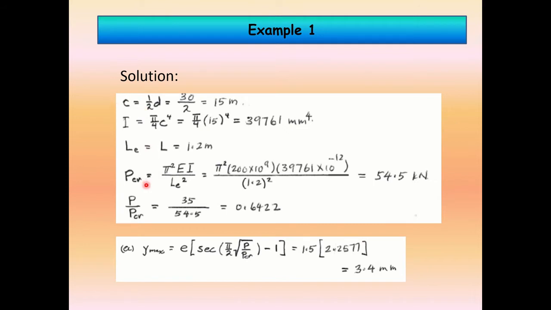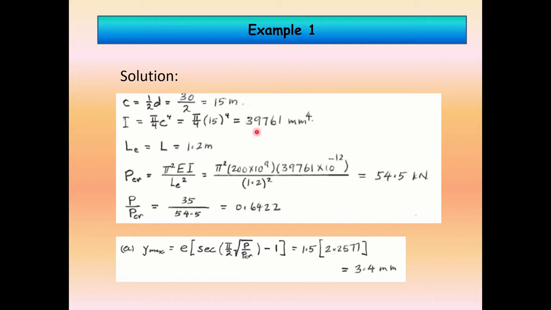Using Euler formula, P critical equal to pi squared times E times I over L effective squared. Then the c is half of diameter, I equal to pi over 4 c to the power of 4. So substitute the radius to the inertia formula. Then the L effective for pin equal to 1.2.